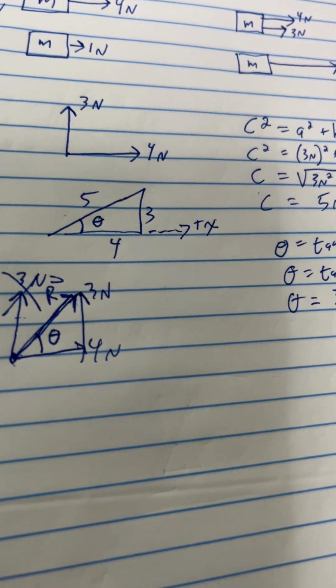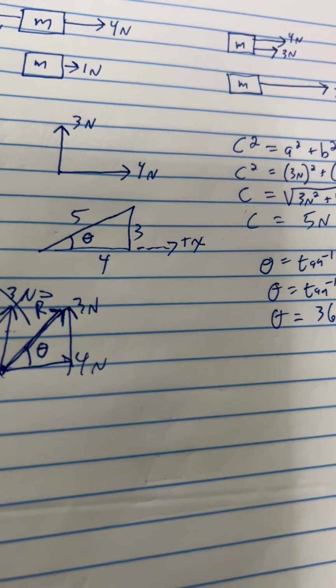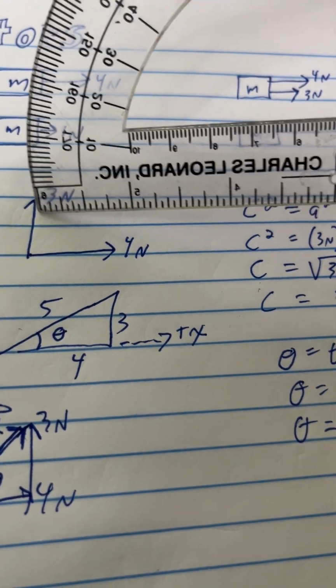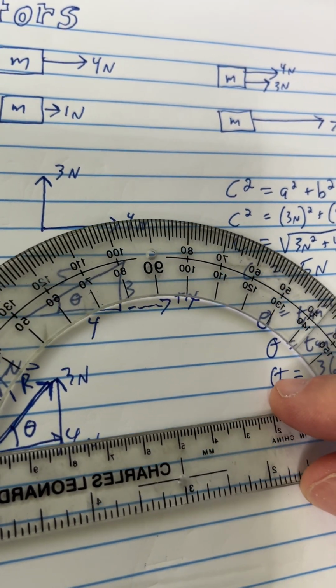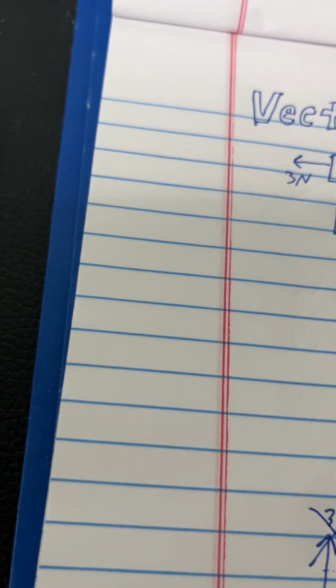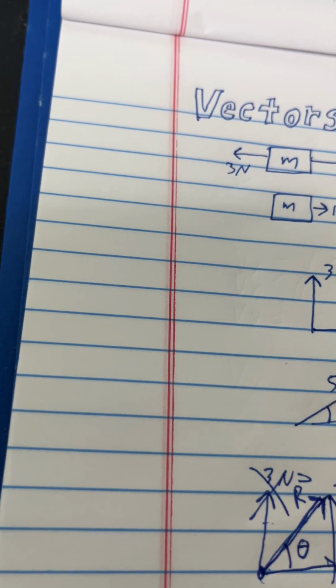And so if this was an actual problem where I was perhaps given these vector lengths here, I could measure the vector and say, oh, okay, 2 centimeters is equal to 4 newtons, and then 1.5 centimeters is equal to 3 newtons.